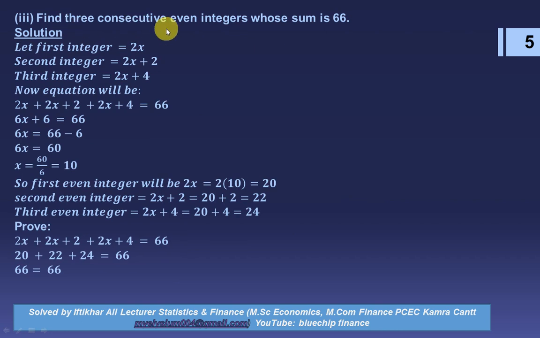Find three consecutive even integers whose sum is 66. First integer कहलाता है 2x.